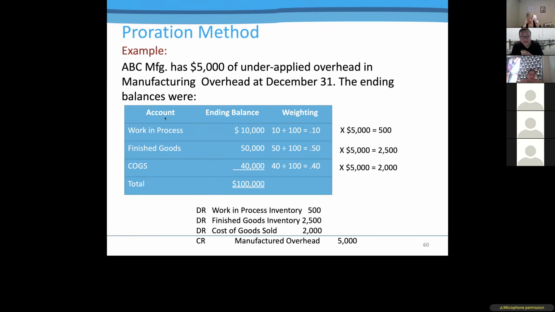So in this case, work in process, the ending balance is 10,000 and the total balance is 100,000. So the weight would be 10,000 divided by 100,000. So that's the 10%. Does that make sense? Yeah, it does. Okay.